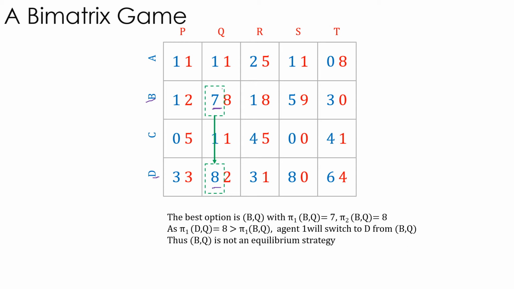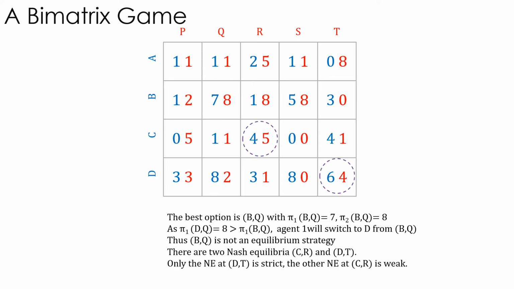So agent 1 has no incentive to stick to this action B. Likewise, agent 2 has no incentive to stick to action Q because its payoff would change from 8 to 9 if it unilaterally deviates from action Q to action S. This game has two Nash equilibrium points.